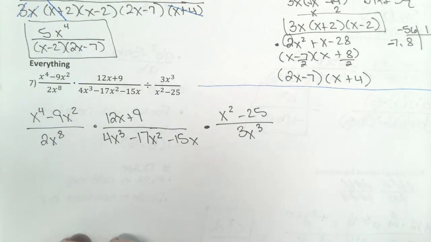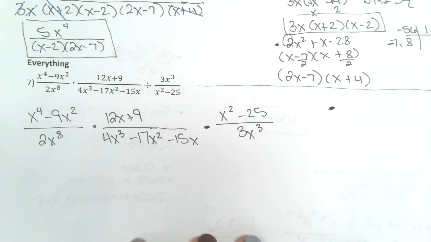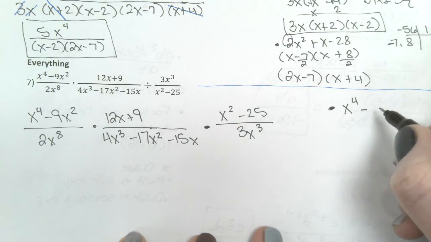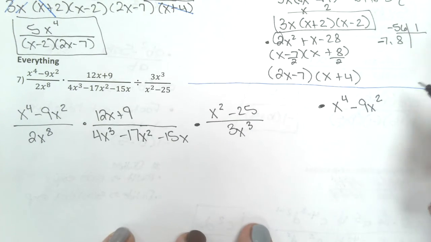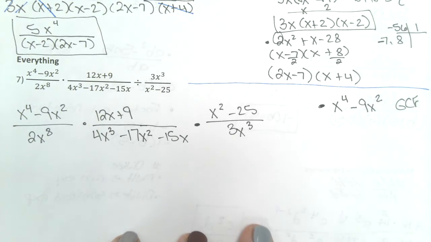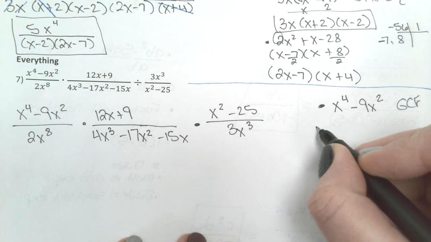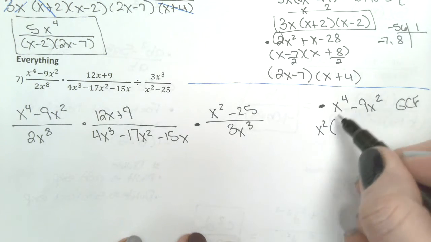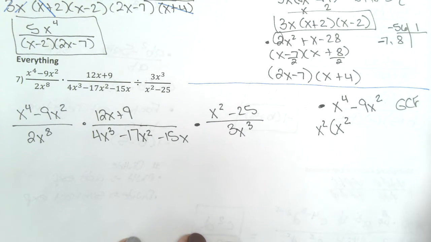I'm going to get you started, and then I'm going to let you finish this on your own. You can always go over and check my notes to make sure you're doing it right. When you have x to the fourth minus 9x squared, the first thing that you should always do is factor out your GCF. So I have, they each have two x's, so I'm going to factor out an x squared. And x to the fourth divided by x to the second is x to the second.